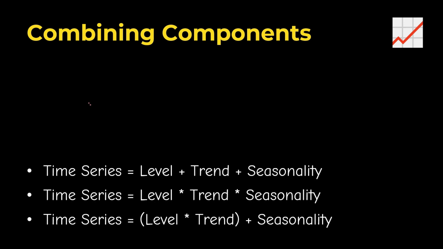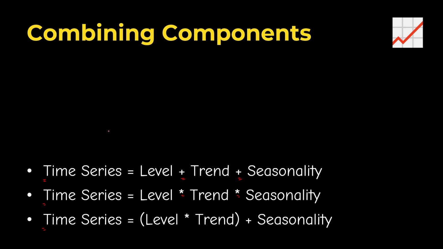These are some of the different combinations that can give you back the time series. The first one is level plus trend plus seasonality equals time series. Then similarly, level multiplied by trend multiplied by seasonality gives you back the time series, or a different permutation and combination of these two operators could give you back the time series. These are some of the popular combinations.